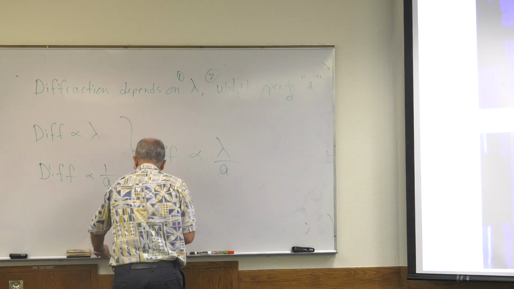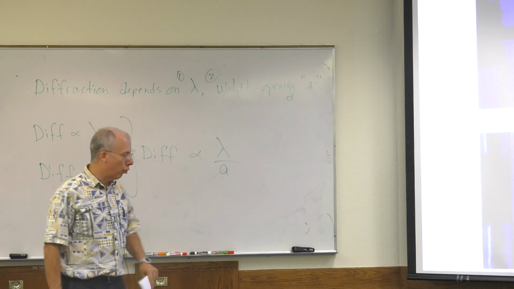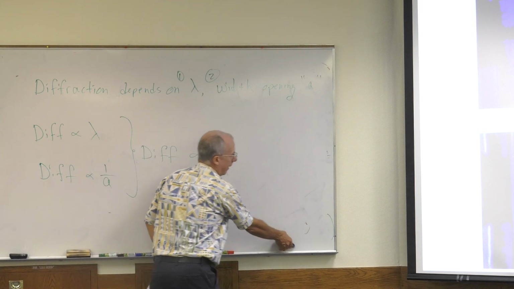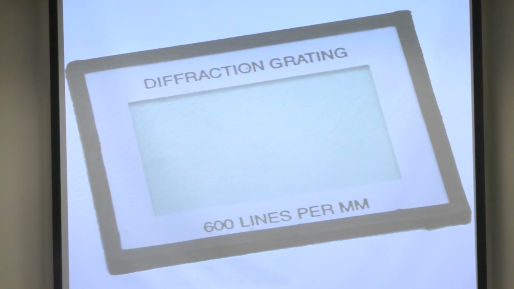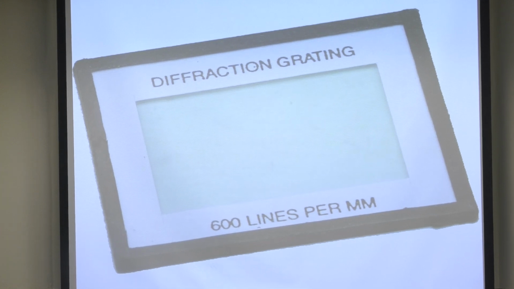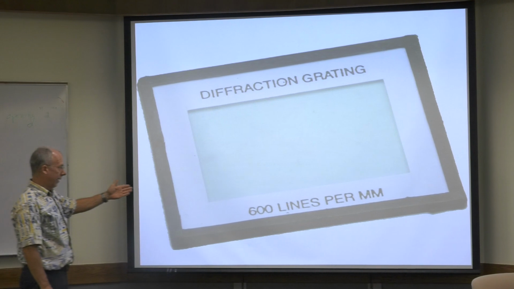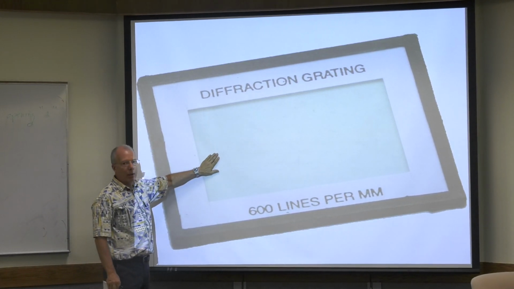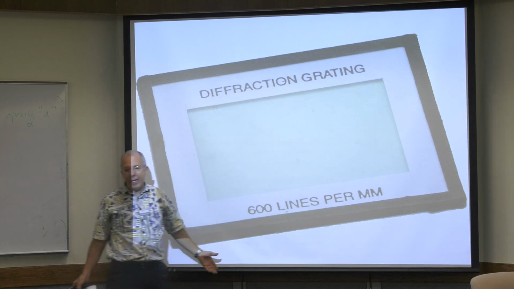Okay, now, what we're going to use in the real world is something called the diffraction grating. We'll use that again, by the way. So this is called a diffraction grating. So rather than having just like 1 or 2 or 3 slits, so this is transparent, 600 slits or lines per millimeter.